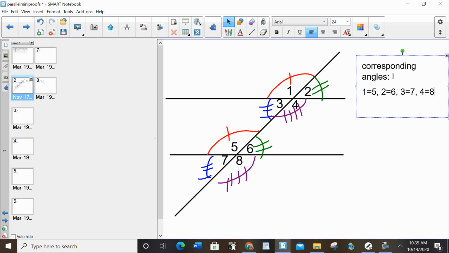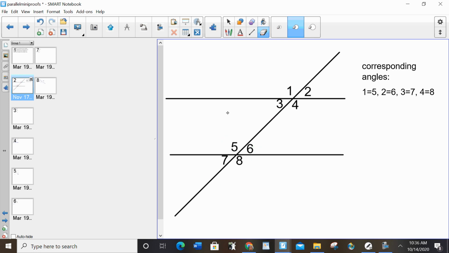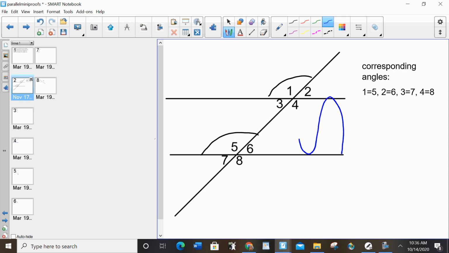Now, how many are inside, how many are outside? So let's just take a look at one pair. Let's go back to the 1 and 5. Now, when I'm talking about in or out, here's what I'm talking about. I'm going to color in between the parallel lines. So hopefully everyone agrees that this whole blue area is the area that's between the parallel lines.